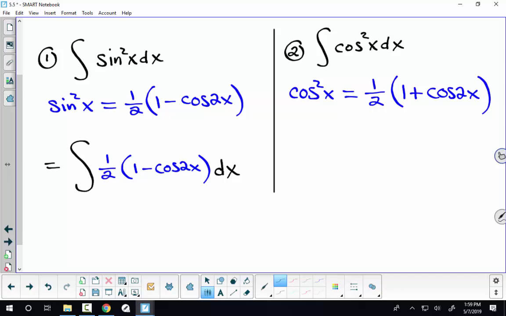I think usually when you see this identity, it's 1/2 minus cosine 2x over 2. I don't know if that's how it's commonly written, but if we're finding the antiderivative, it's more beneficial to write it as 1/2 times that quantity, because the 1/2 is a constant of integration. It comes out here.